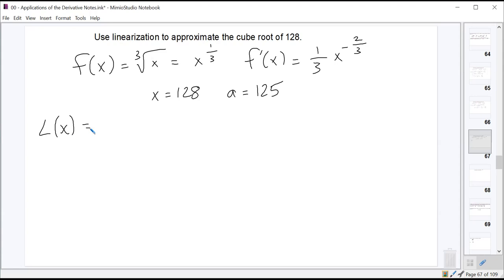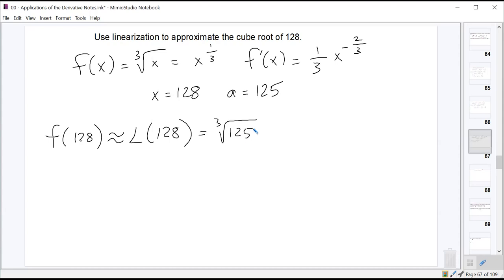And it might be better if we write this out as f of 128 is approximately equal to L of 128, which is equal to f of a. So that's the cube root of 125 plus the derivative of f of x evaluated at 125.